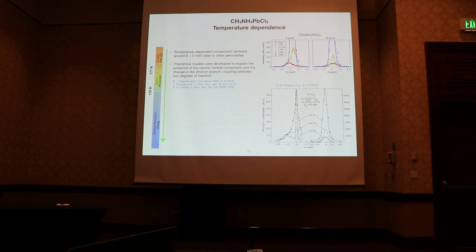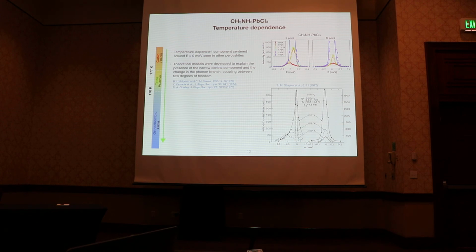This feature has also been reported in other perovskites, and in particular the strontium titanate compound, in which they report a simultaneous softening of the phonon mode at the same time as the onset of this central component as function of temperature.